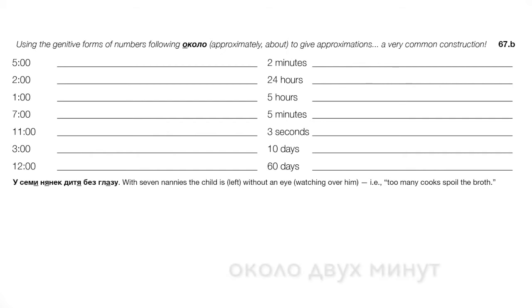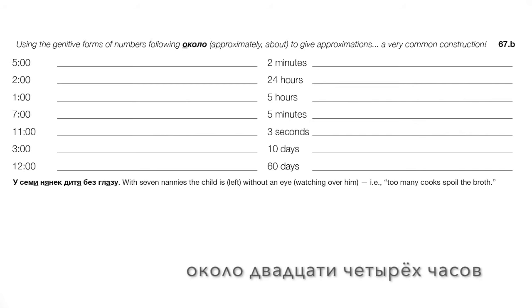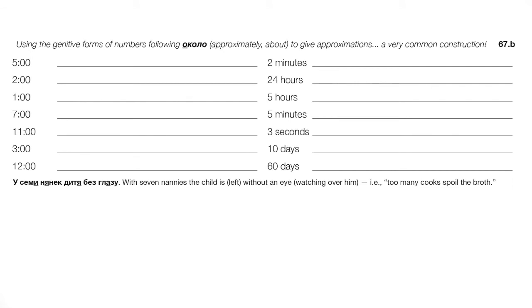Around 2 minutes, около двух минут. Around 24 hours, около 24 часов. Okay, so all of that is going into these genitive forms. Another way to say that in Russian would be около суток. Sutki is kind of a funny plural-only noun that means basically a 24-hour period.